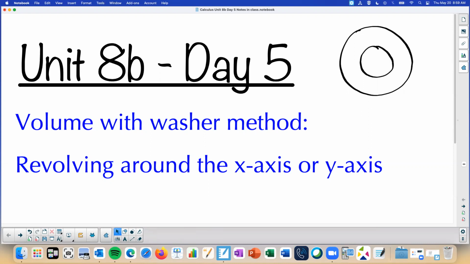It'd be a donut if it were 3D. So instead it's called a washer because a cross section is kind of a little flat slice, pretty much exactly what a washer is. And that's why they call it the disk method, washer method. Yeah, it's pretty accurate, but I don't necessarily like the names because it makes them feel like they're separate or they're different.